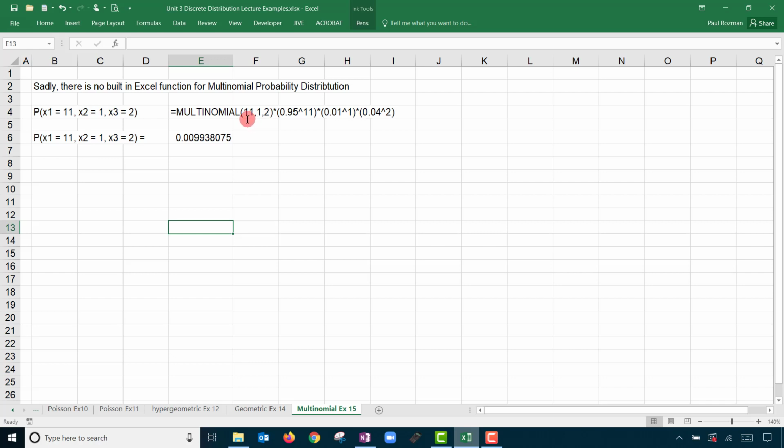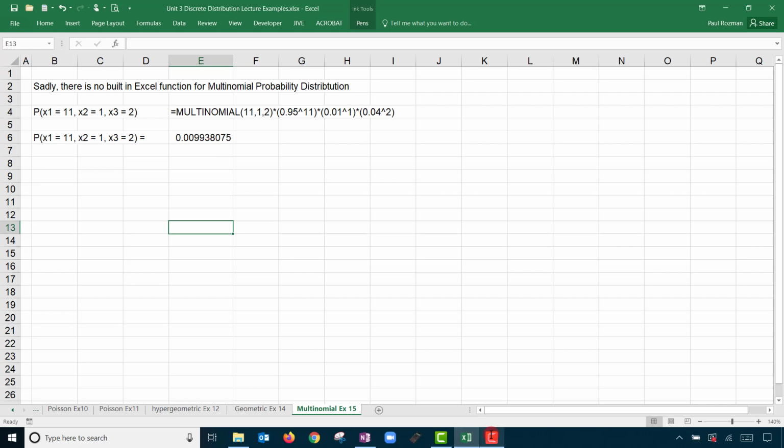So you had 11 passers, 1 withdrawer, and 2 failures. But then I had to complete the formula myself by doing the powers. You'll see we get this same result. But again, now you can use this formula if you'd like, or this template. I'll try to remember to post this for you guys.